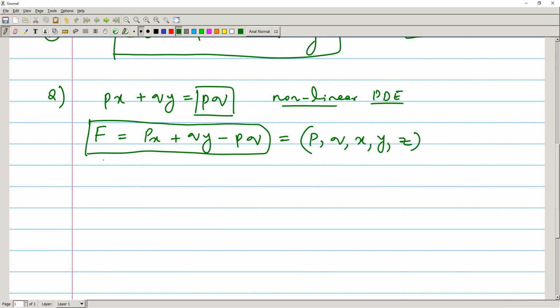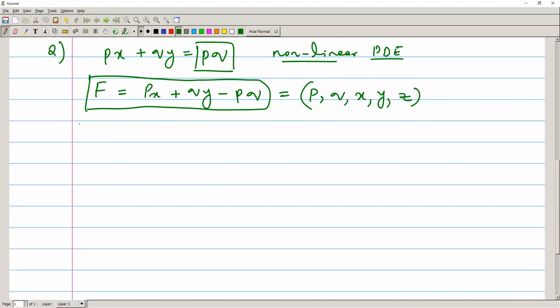So the second thing we have to do is find first of all fx, then fy, then fz, then fp, and fq. So fx will be the partial derivative of this function with respect to x. So fx will be equal to p.